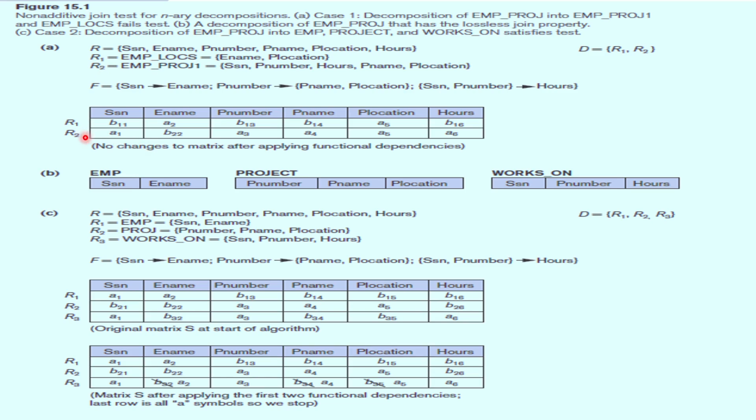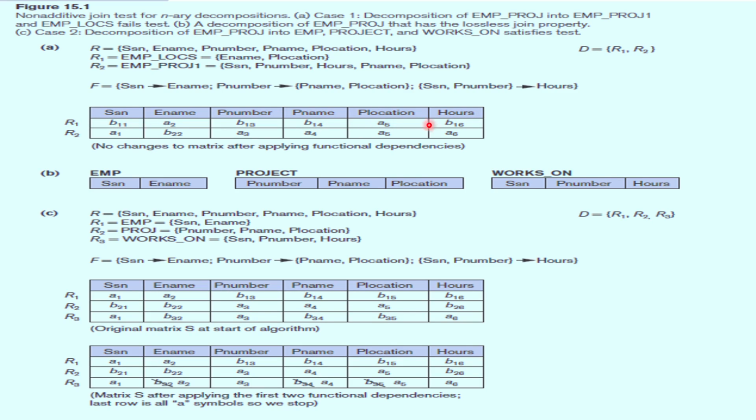Here I take R1 as the first row and R2 as the second row. The columns are the attributes of R: SSN is the first column, ename the second, then pnumber, pname, plocation and hours. These columns are the attributes.